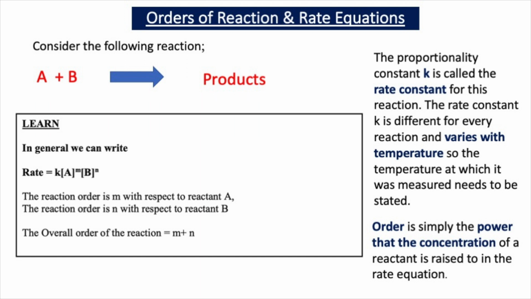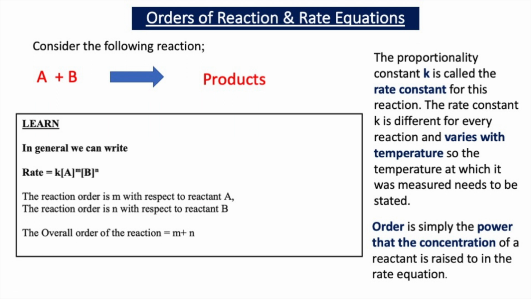So if we have a reaction A plus B going to products, rate is equal to k times the concentration of A raised to a power, let's call it m, times the concentration of B raised to a power n. Now, m and n are the orders.